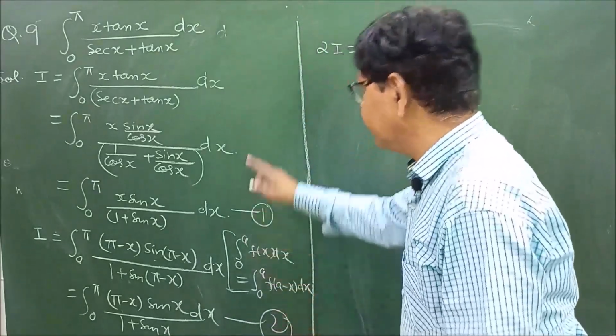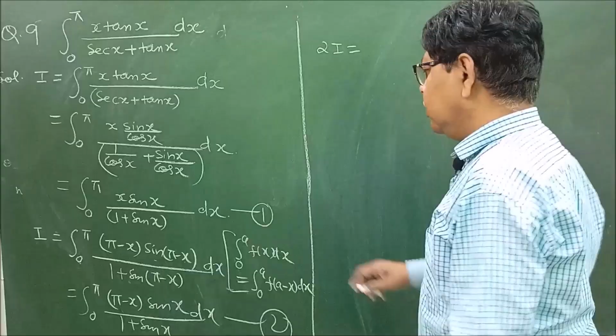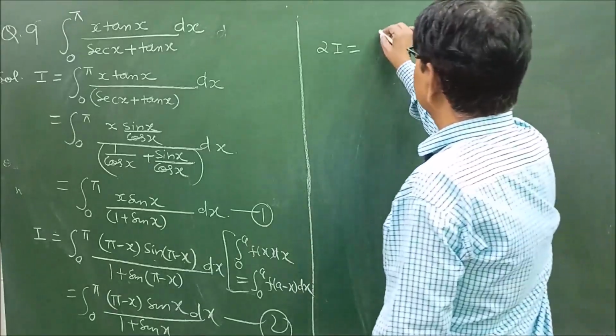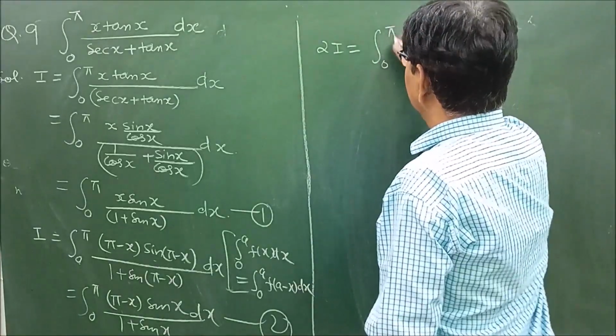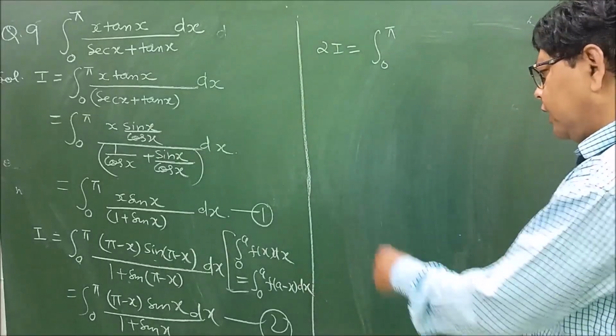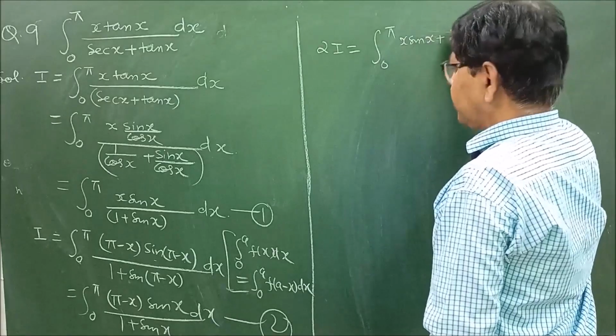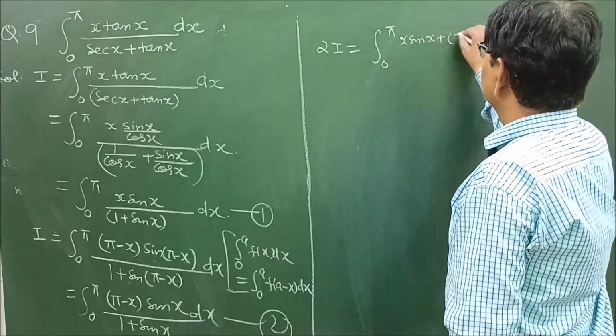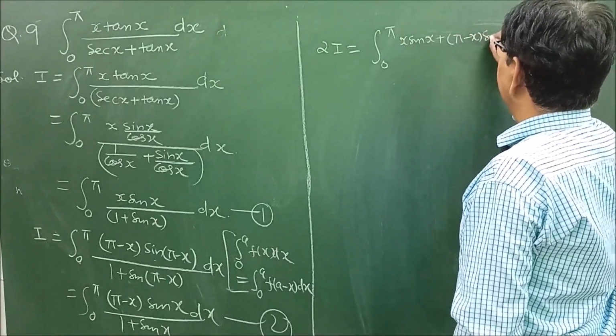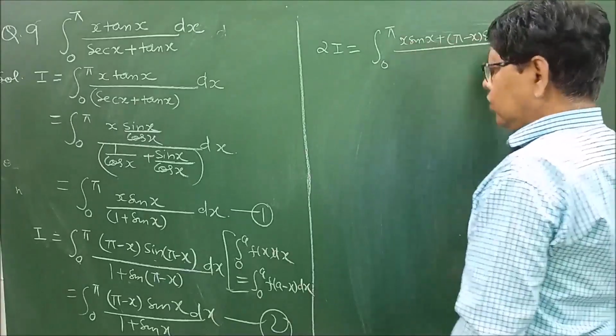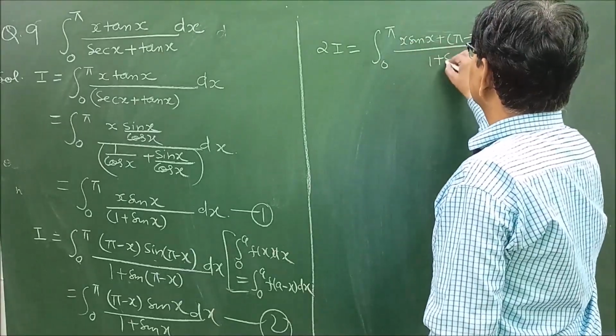So if we add these two equations, then 2I is equal to, now both are having the same denominator, so we add 0 to pi, and in the numerator we have x sin x plus pi minus x sin x upon 1 plus sin x dx.